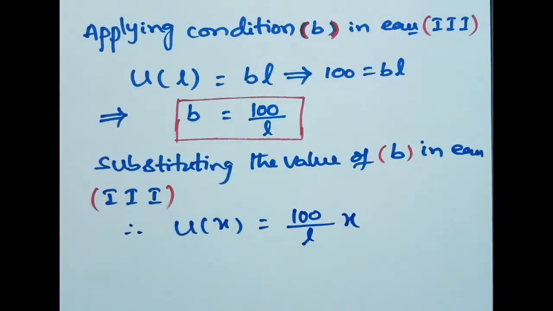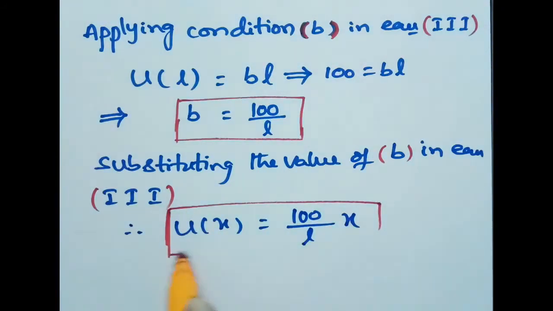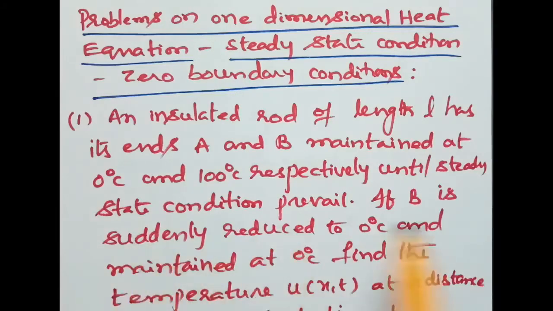This is the temperature distribution in the steady state at any point x in the rod. Now we have found the temperature distribution in the steady state.